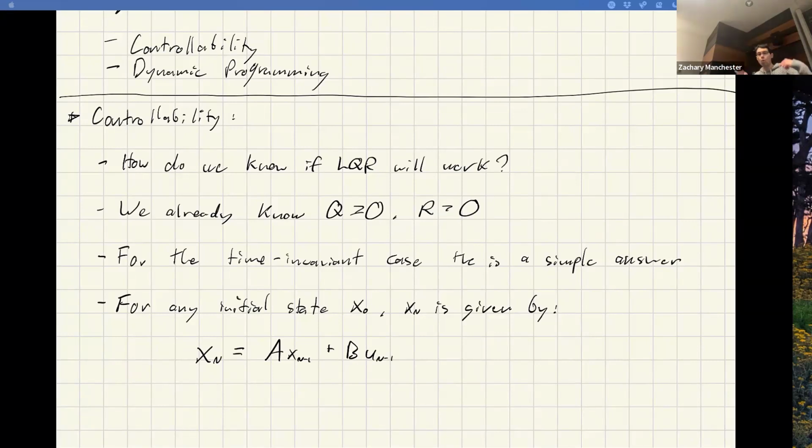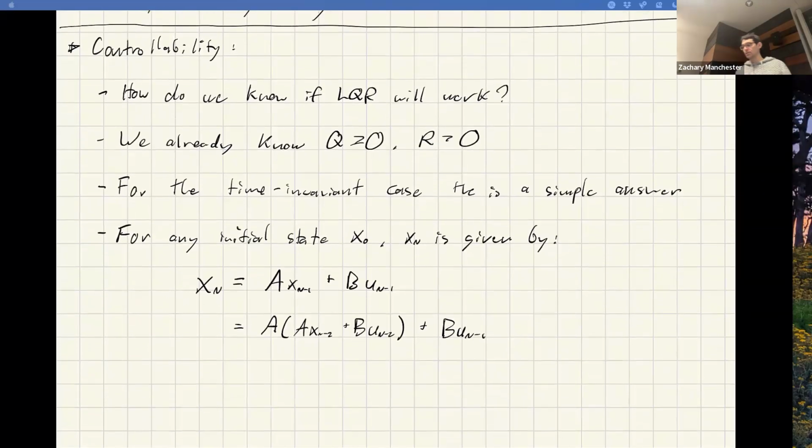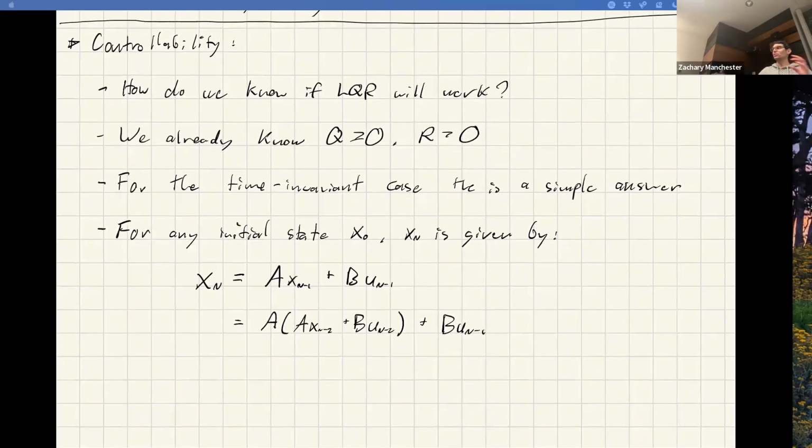If I want to go back one more time step, I plug in the dynamics for xn minus 1. So that's A squared xn minus 2 plus A B un minus 2, and then I've still got my B un minus 1. So what I've done here is I've eliminated xn minus 1, right? And I can keep playing that game and go back as far as I want until I just have x naught and then all the u's. Does that make sense? So this is me basically doing single shooting, if you like.